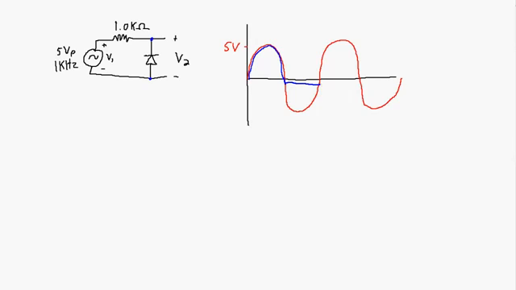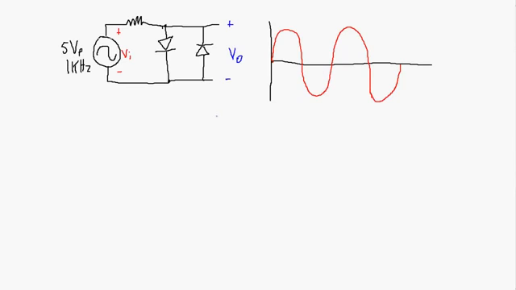When the input comes back up past minus 0.7 volts, the diode is going to become reverse biased again, and then the output will follow the input. We're just going to get this signal repeating over and over again. So here again, the diode is forward biased, so it's 0.7 volts across it, and it's basically cut off most of the negative part of the cycle.